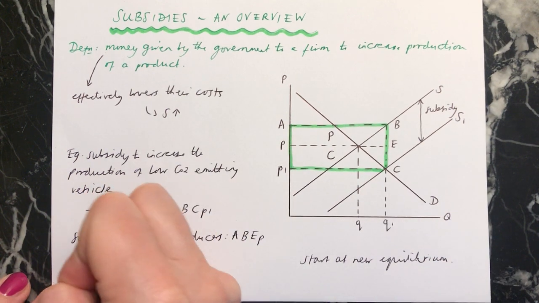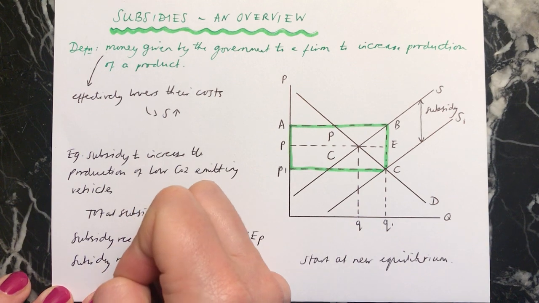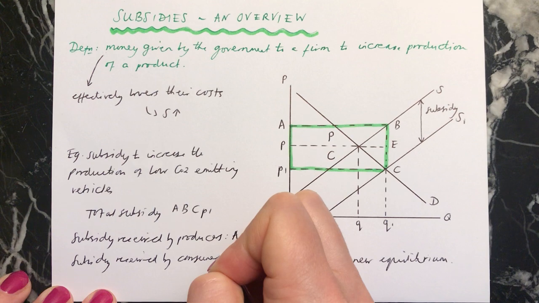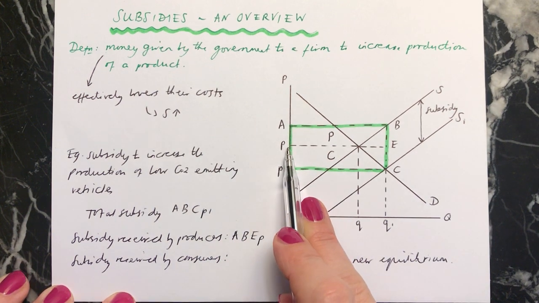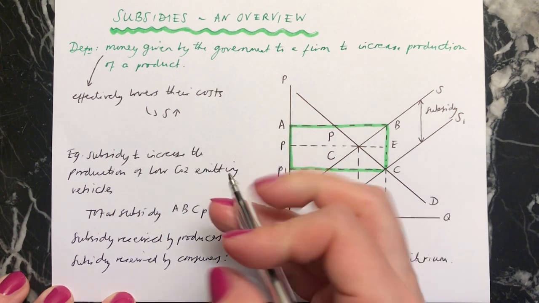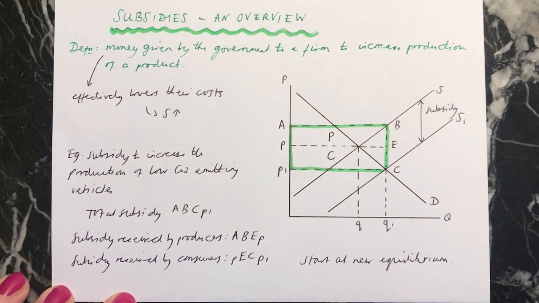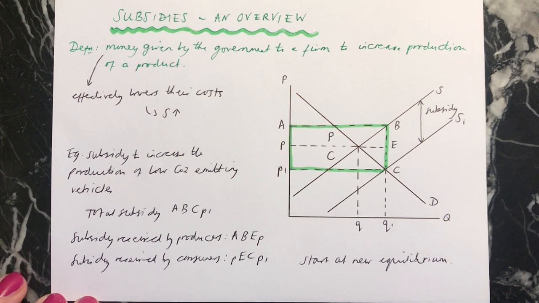And the subsidy received by consumers is the bottom box, P, E, C, P1. This shows you overall what happens when a subsidy is put in place.